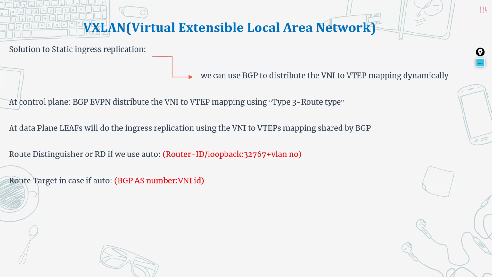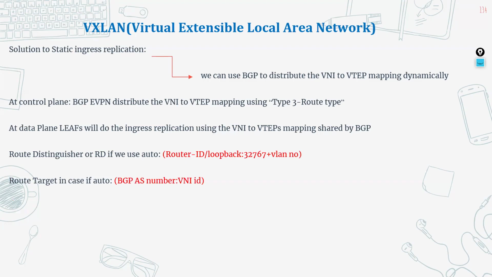And how is it going to do that? It will leverage the type 3 route type. There are different route types, as we discussed also, and this is one of them. So when we are using BGP ingress replication, it is going to leverage the type 3 route type to distribute the VTEP to VNI mappings.